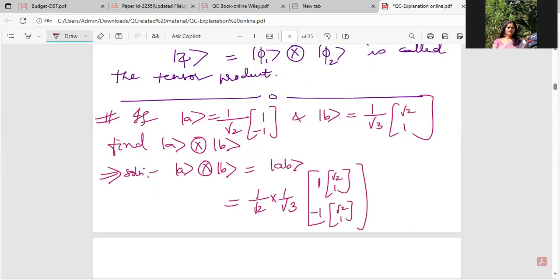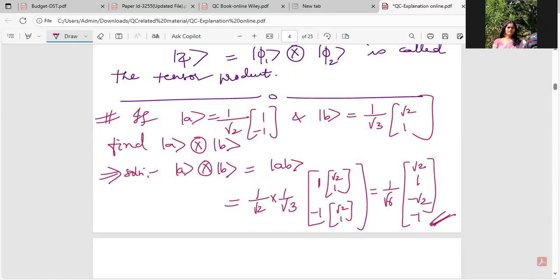So what do I get? 1 by root 2 into 1 by root 3 is 1 by root 6, guys. 1 into root 2, root 2. 1 into 1, 1. Minus 1 into root 2, minus root 2. Minus 1 into 1, minus 1. So this would be the resultant tensor product.